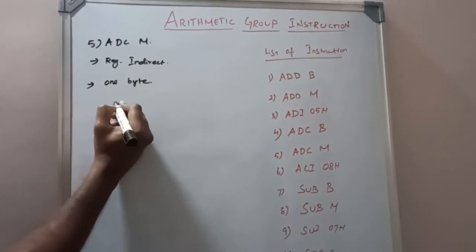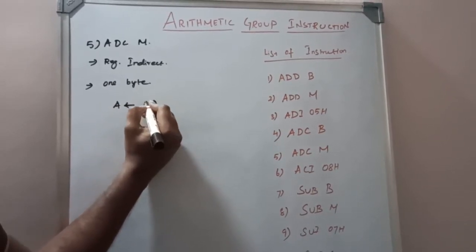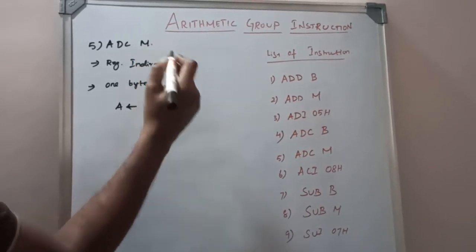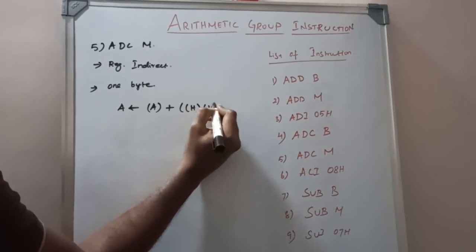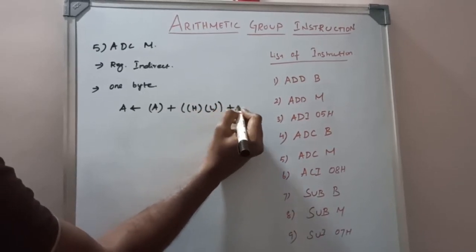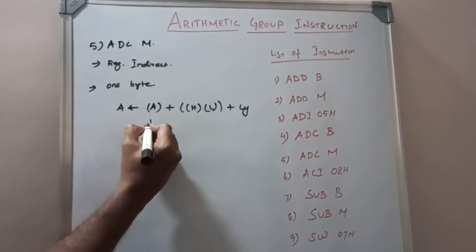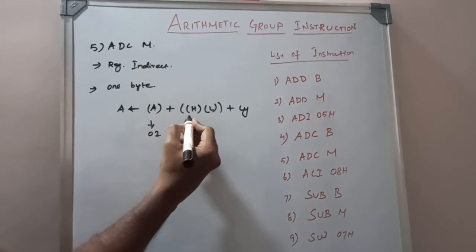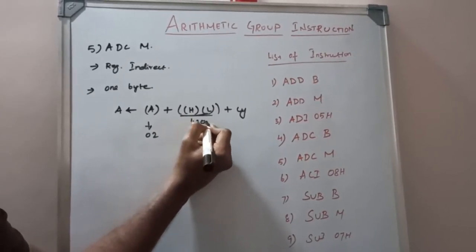The function is A gets A plus M plus carry, where the memory location is held by the HL pair register. A value is 02, and the HL pair holds the memory location 4300.